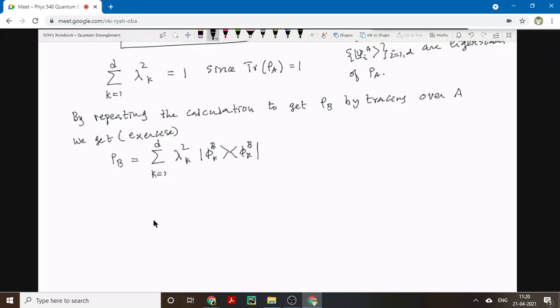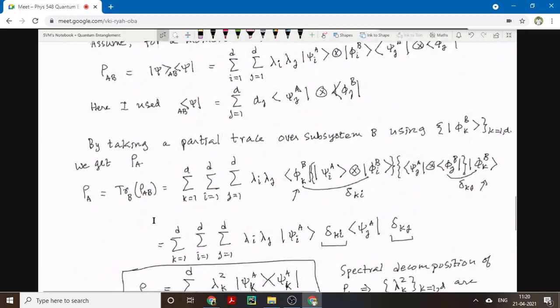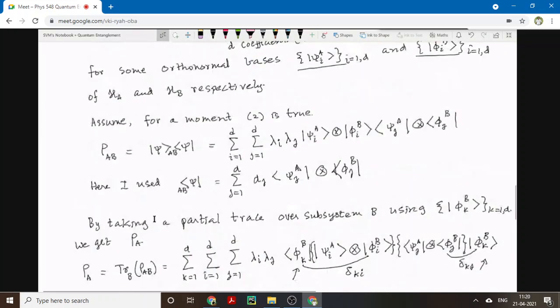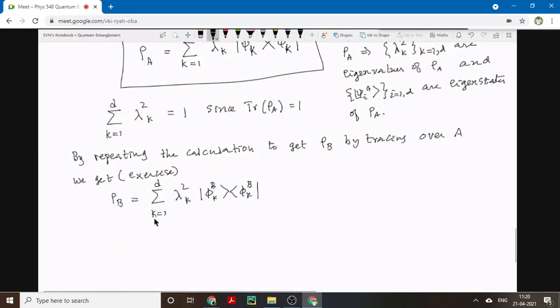Now you can see that if you choose the basis like this, then you can write this. So this is basically the spectral decomposition of rho.